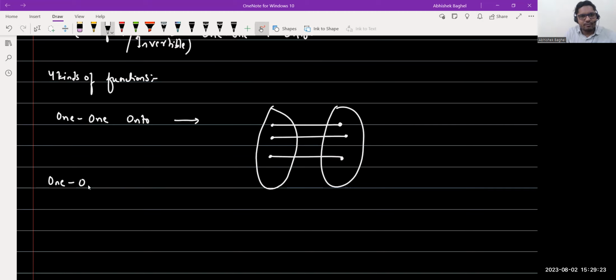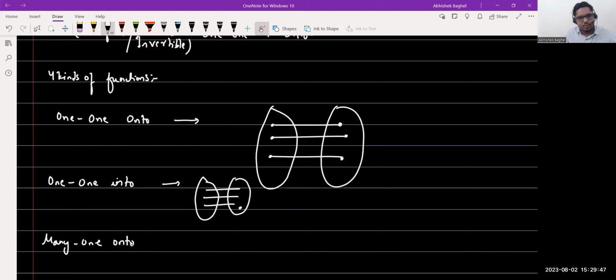Then we have seen one-one into. One-one into means one element gets left over inside B. Then we have the next one, many-one onto.